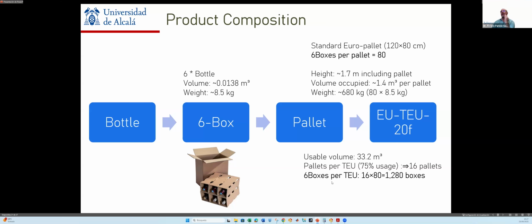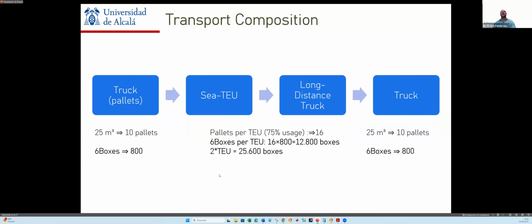Okay, and so we have the measurement for how many product units are used inside all of the containers and the pallets that we're using. Of course, in the tool, we have also modeled pallets and TEUs, but just to simplify the webinar, we will refer to units of 6-bottle boxes.